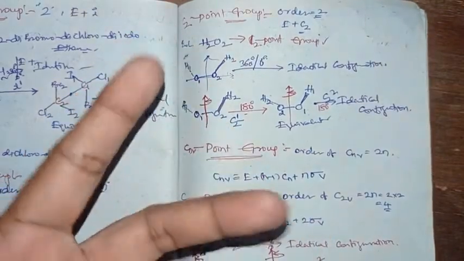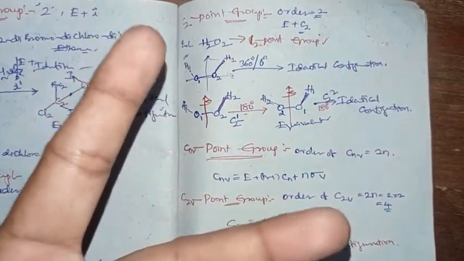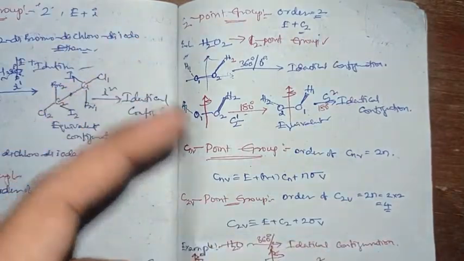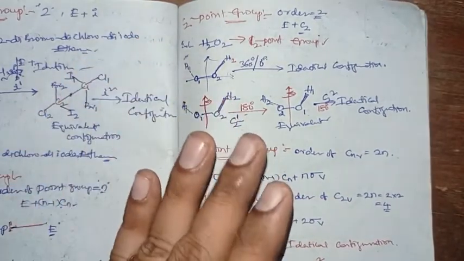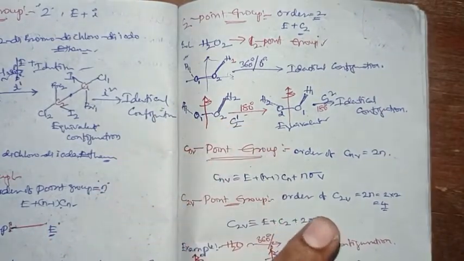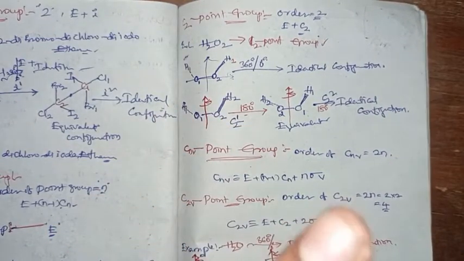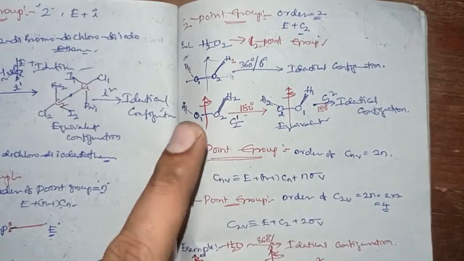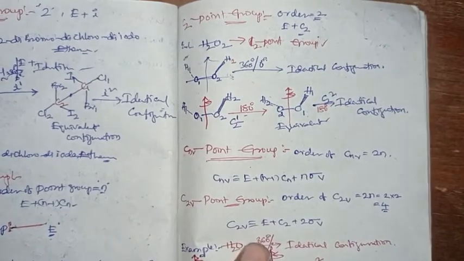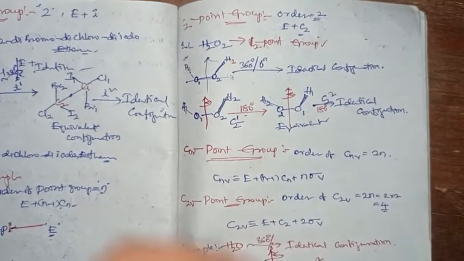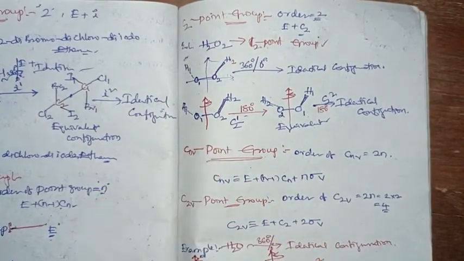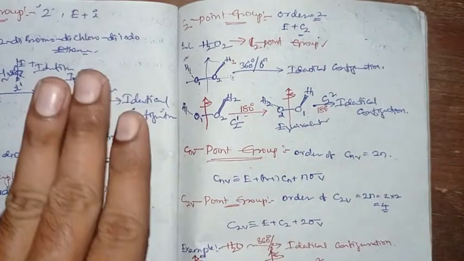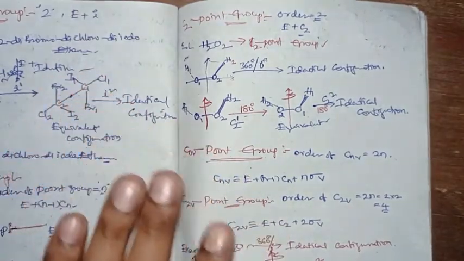When there are two consecutive C2s, and the angle-bisecting plane between them reflects the atoms and gives an equivalent configuration, then only it is considered a dihedral plane of symmetry. But here there is only one C2, so the angle between two C2s cannot exist. So the dihedral plane is ruled out, right? There is no possibility of a dihedral plane.